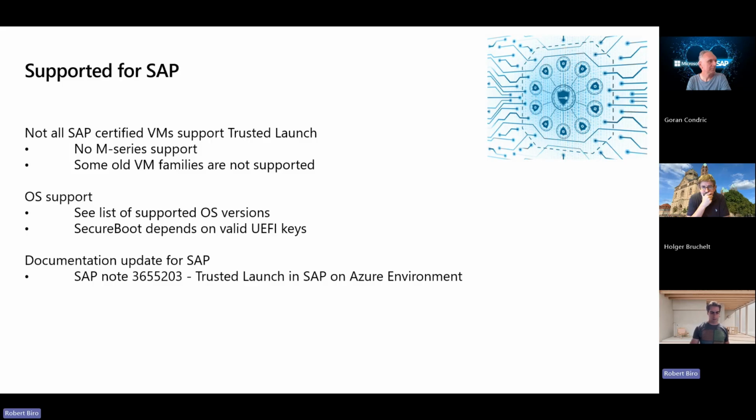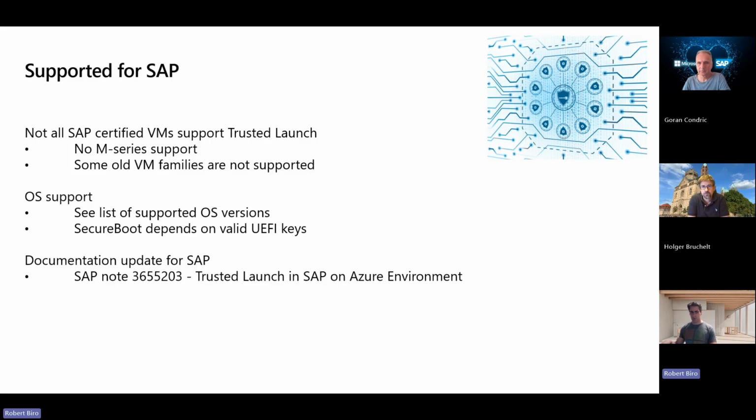So let's go back a little bit. For the OS support, we have a list of OS versions which have been validated and tested, and that is continuing to be updated, both for Linux and for Windows. So Oracle Linux, SUSE, Red Hat, all the Windows Server families are in there.